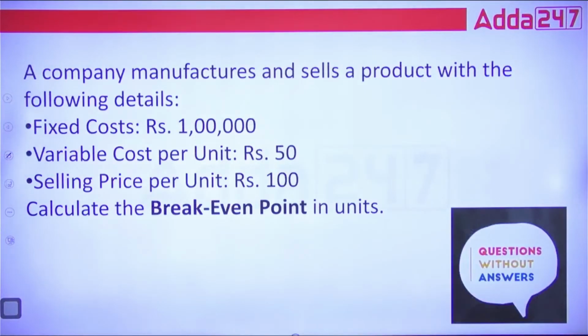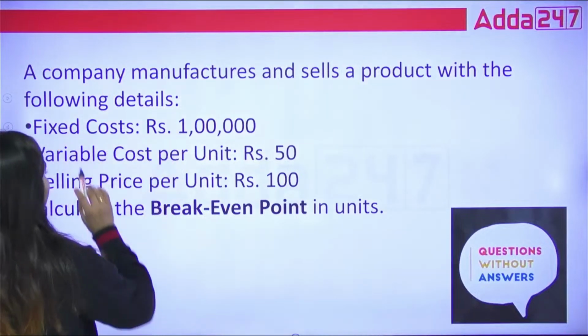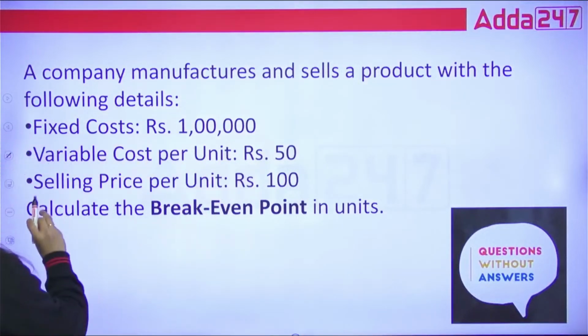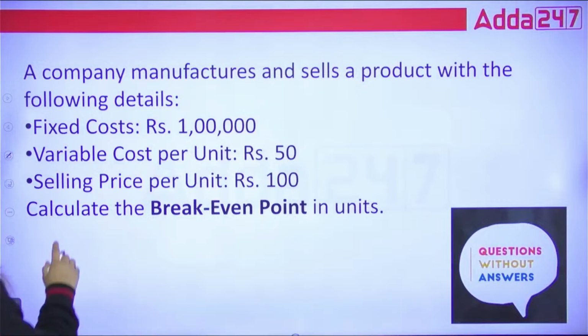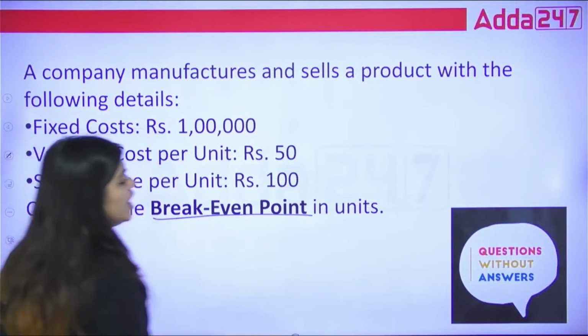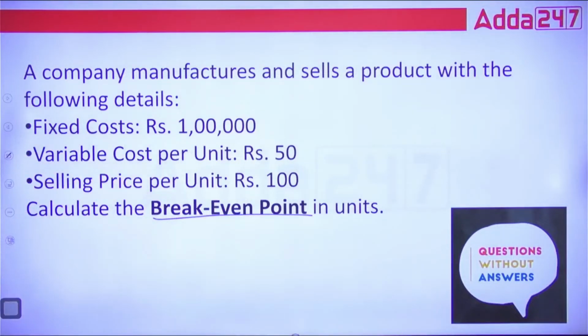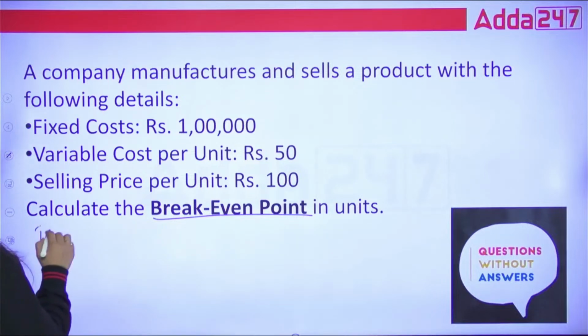Next. A company manufactures and sells a product with the following details. Fixed cost 1 lakh, variable cost per unit 50, selling price per unit 100. We need to calculate the break-even point in units. What is the formula for break-even point?